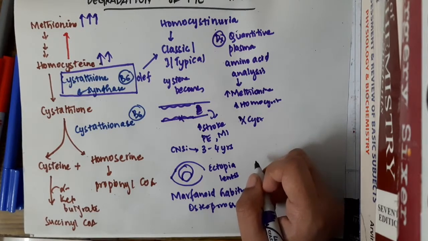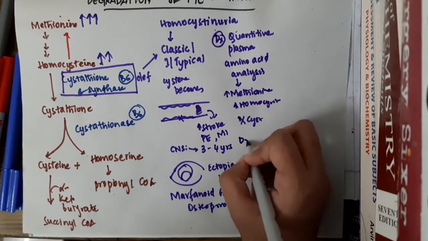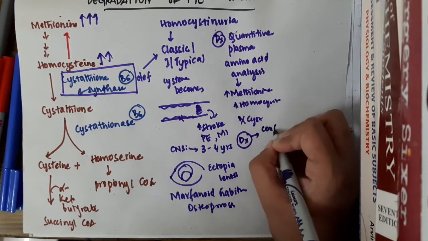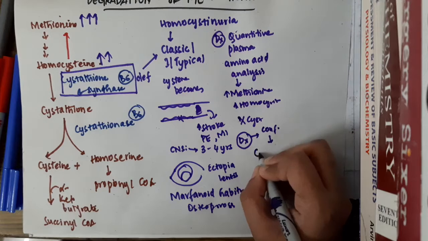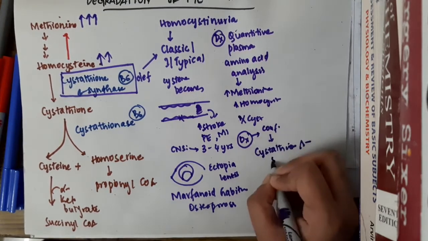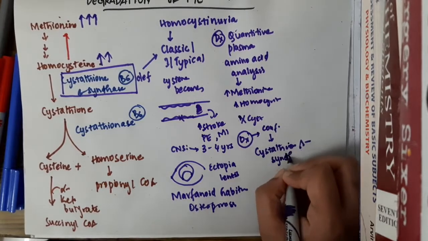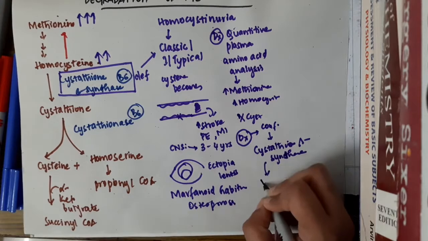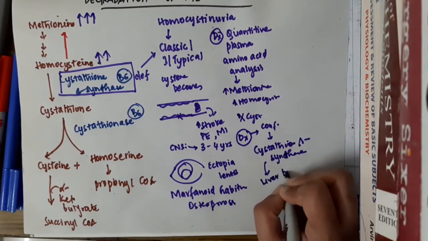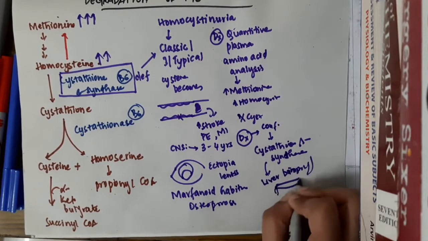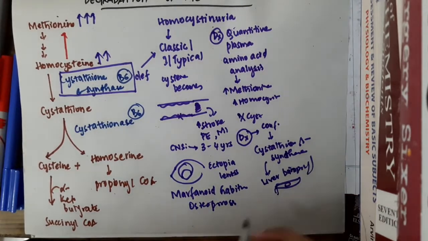Then, how are you going to confirm the diagnosis? To confirm the diagnosis, we should assess the cystathionine beta synthase enzyme, which is absent. This enzyme activity should be measured by liver biopsy or by biopsy of fibroblasts.